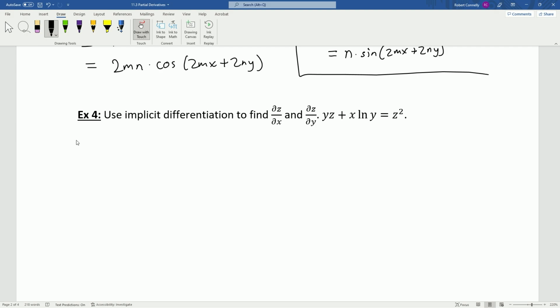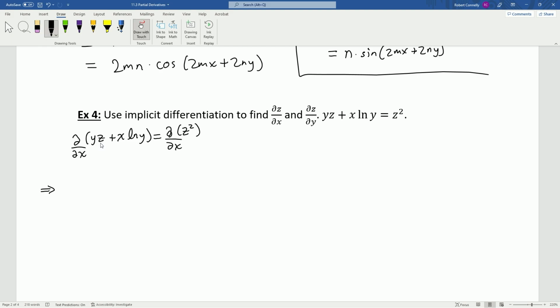So let's start with our partial derivative with respect to x of both sides of the equation. So yz plus x ln of y, and the partial derivative with respect to x of z squared. All right, so this first partial derivative here, yz, y is going to be treated as a constant.